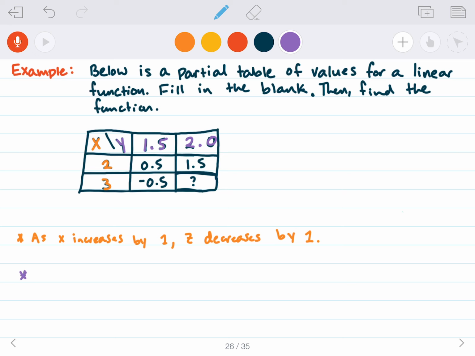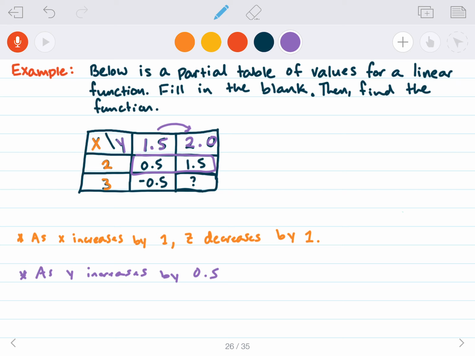And what about the relationship between y and z? Well, what we can see on the rows is as y increases, by, this time it's actually increasing by 0.5 if we go from 1.5 to 2, then the corresponding z values are increasing by 1, right?